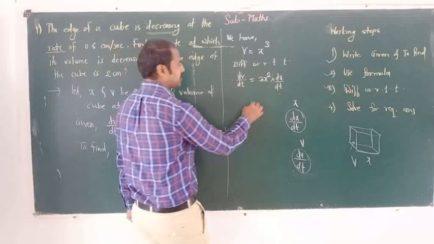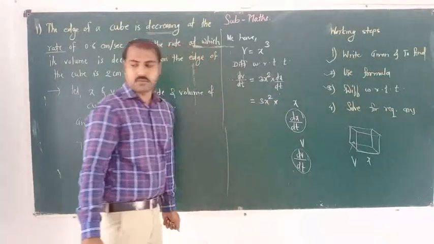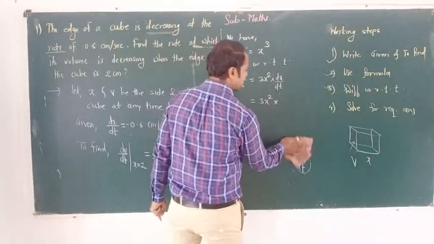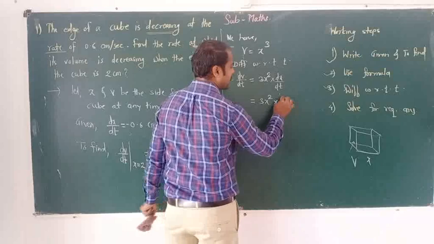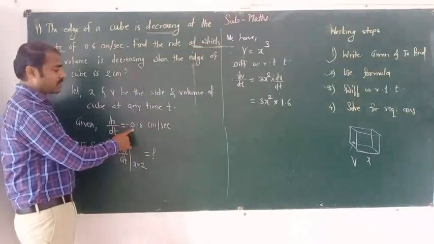Okay, so 3x square as it is into value of dx by dt is given. Value of dx by dt is 0.6 from given, and it is decreasing.